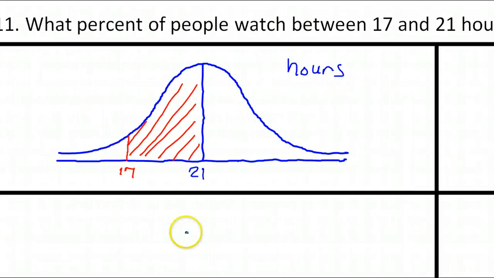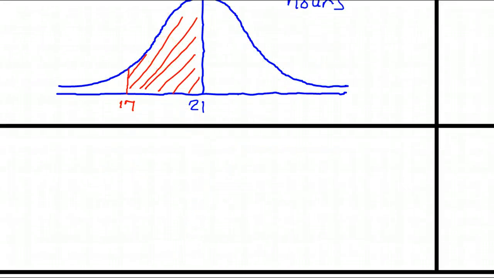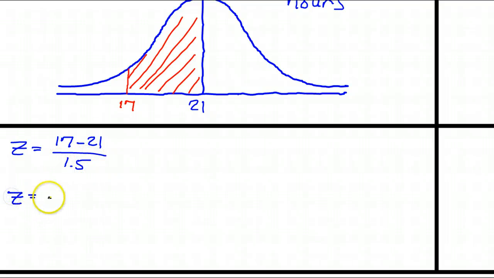Okay, so now we will do our calculations and find that z-score, the one from the 17. The z-score is going to be the value minus the mean divided by the standard deviation. That's giving me negative 2.6 repeating, so I'm going to round that to negative 2.67, rounding up properly.